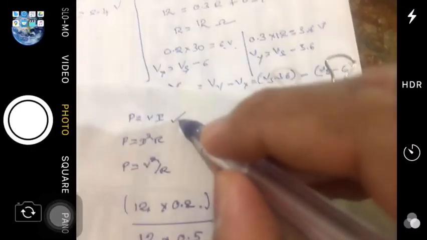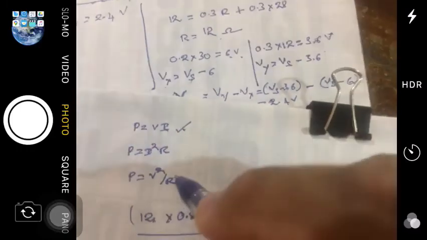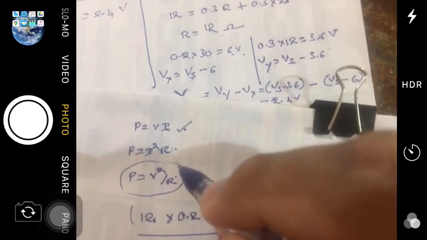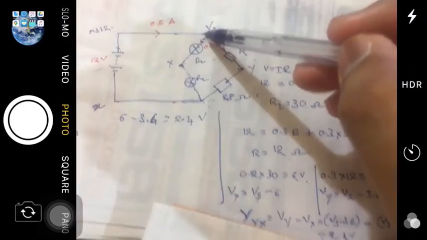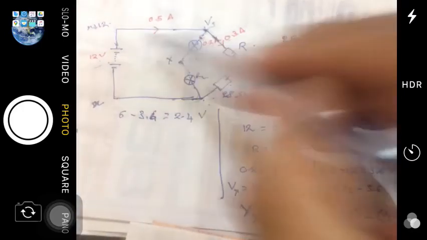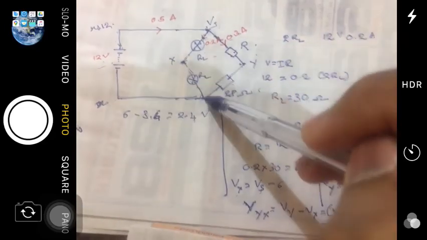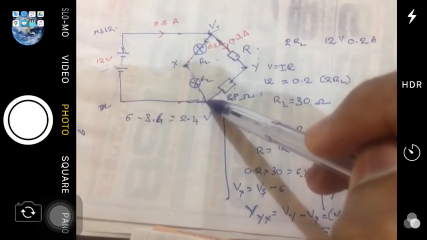So we would take an equation which doesn't depend on current. So we will take this one. And now the voltage drop between this point and this point is still 12 volts. Even if you change this resistance, the voltage drop through this branch will not change.